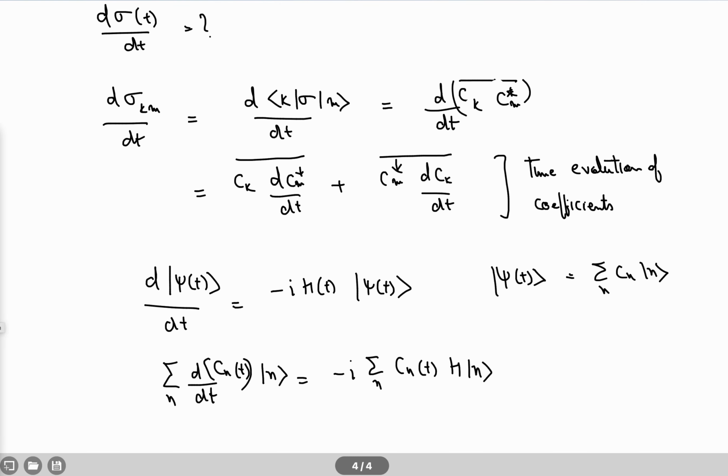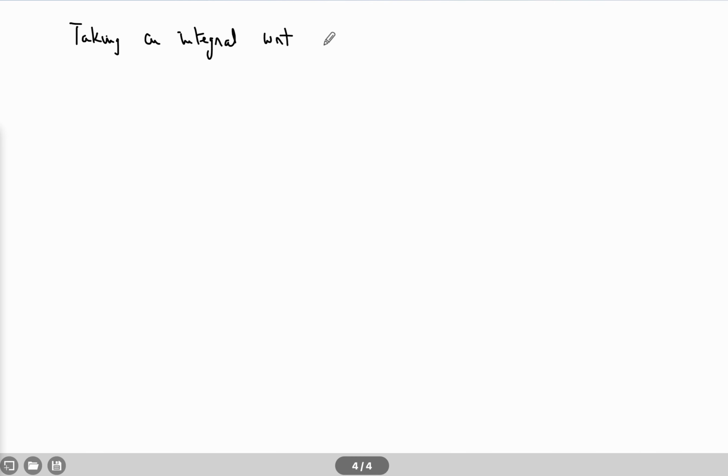So what we can do is take an integral with respect to any given state k, or you can say pre-multiplying bra k to that equation.